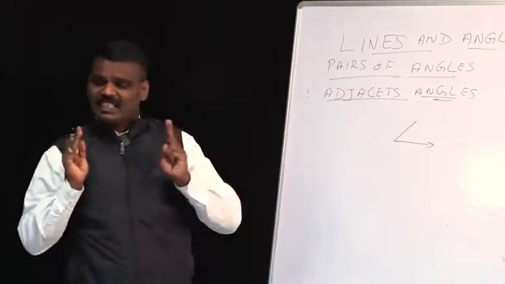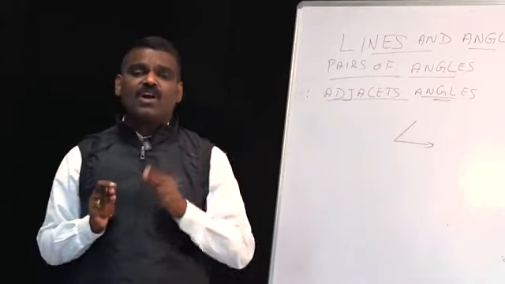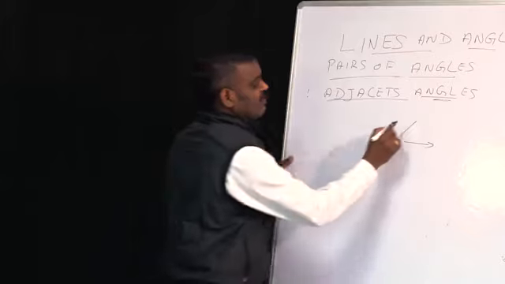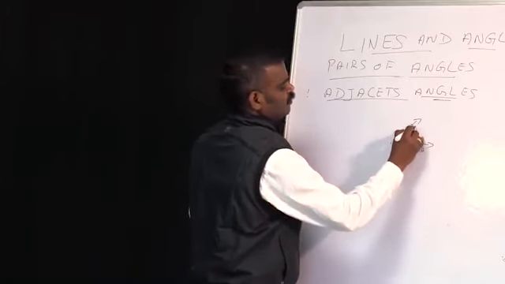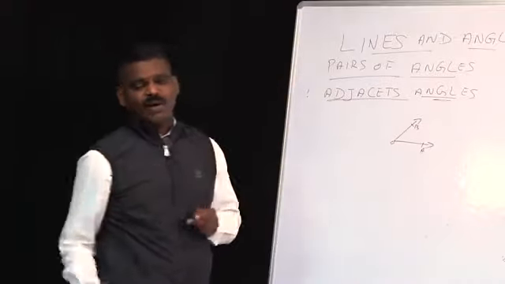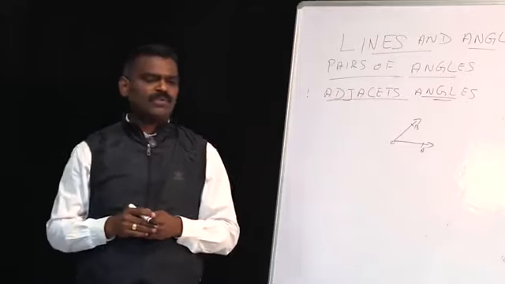Two angles are called adjacent angles if they have a common ray. We can also call it a common arm or common ray, both can be used.